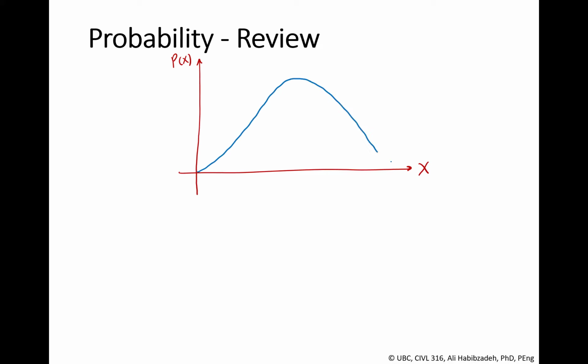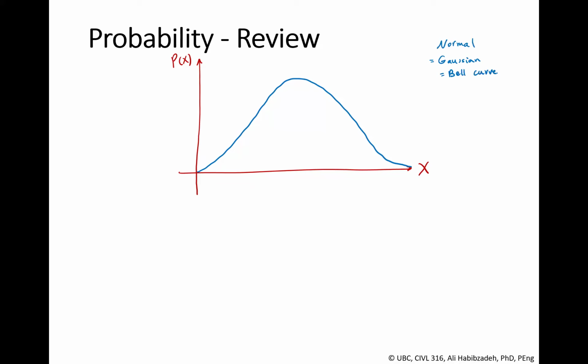The shape of this graph could be different. One of the most famous ones, which actually applies to a lot of natural processes, is what we call the normal distribution, or Gaussian distribution, or bell curve, or so on.